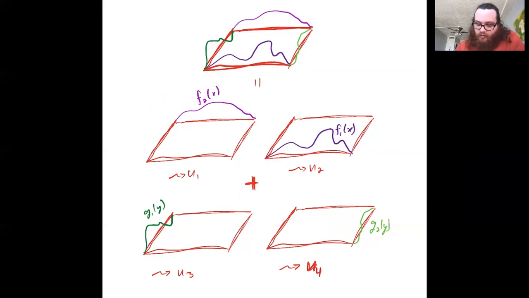Okay, and so for example, for this one right here, we're going to say, for y equals h, so right here, we want u of x comma h to equal f2 of x. And then the value of u on every other segment is going to be 0. Okay.